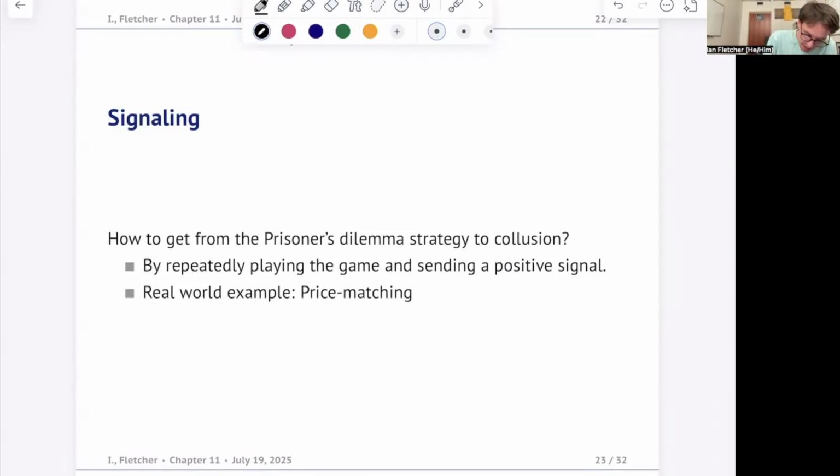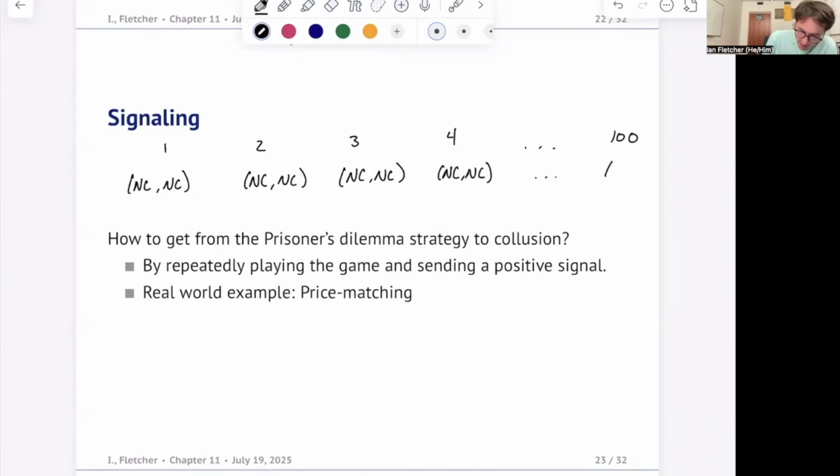Suppose they play this game over and over again: don't confess, don't confess, don't confess. By signaling to each other prior that they're going to work together, they will not confess.